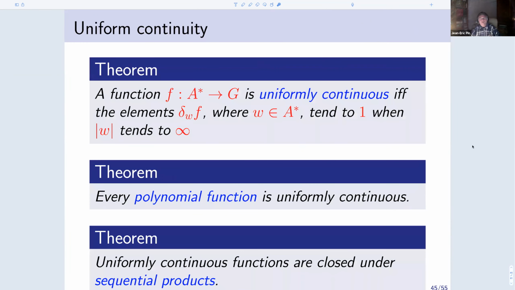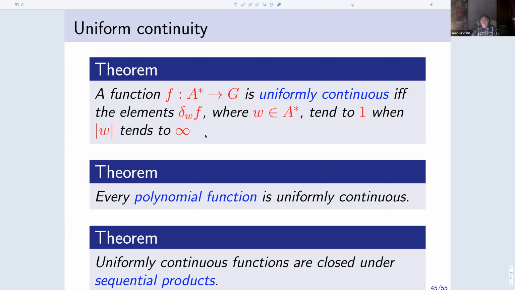Here, now let me talk about uniform continuity. There are three important results I want to explain. The first one tells you that a function from A star to G is uniformly continuous if and only if, you remember this element delta W of F, tends to 1 when the length of W tends to infinity.